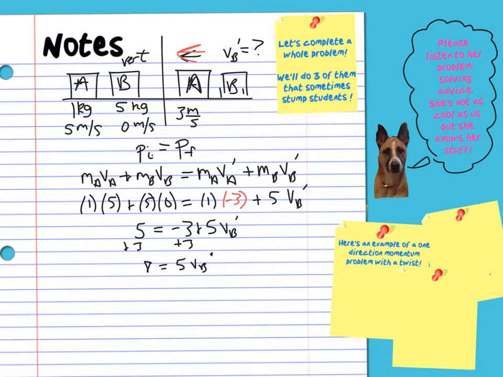Then if we divide by 5, we get VB prime of 1 3/5 meters per second, which is 1.6 meters per second. That is the answer. So the trick here is that you always have to pay attention to the direction things are moving. If something is moving to the left, you have to make it negative, or else your answer is going to be wrong.